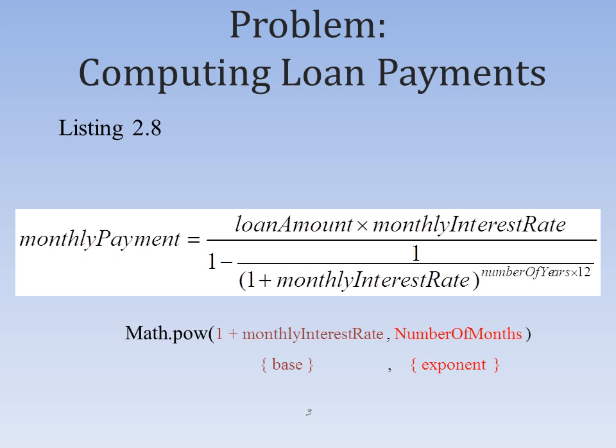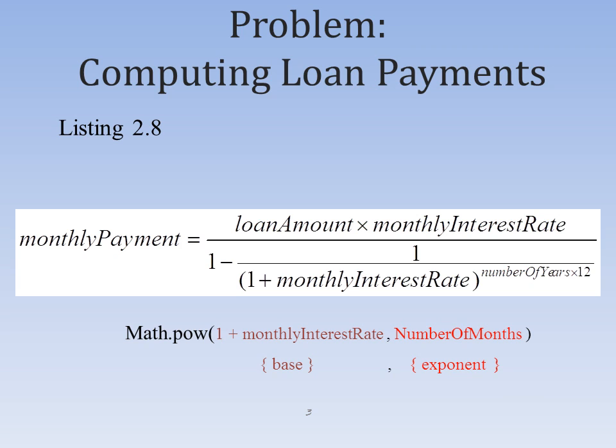And the arguments to pow, the things that are inside the parentheses, are the base, the number you want to raise to a power, and the exponent. So you can see the example of how we would raise 1 plus monthly interest rate to the number of months.